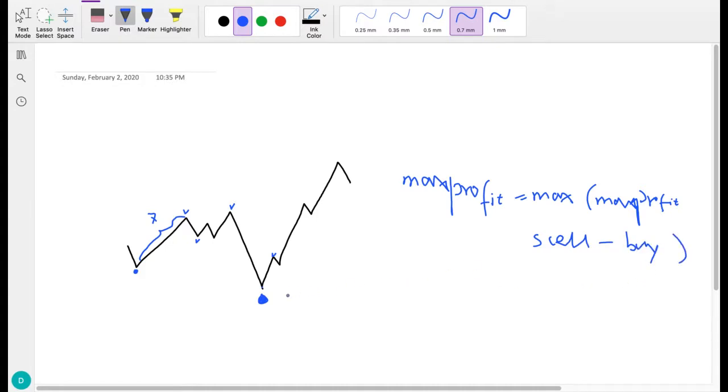And also we should keep track of a minimum, so the minimum price should also be kept track of. So we update the minimum value and also update the max profit value, and then we return the max profit.